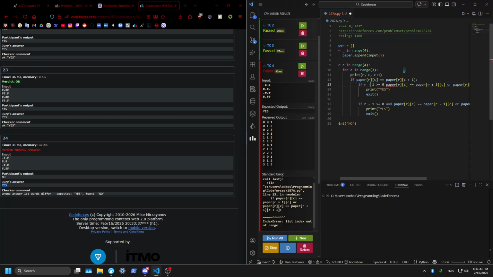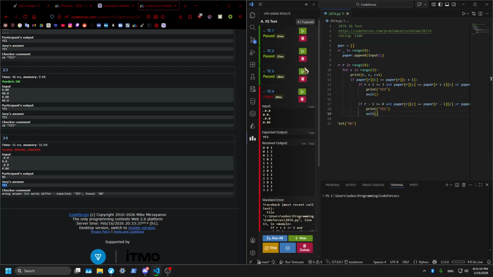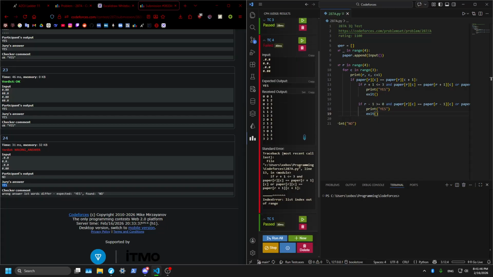If R plus 1 was less than or equal to 3, and... still getting index out of bounds. Why?